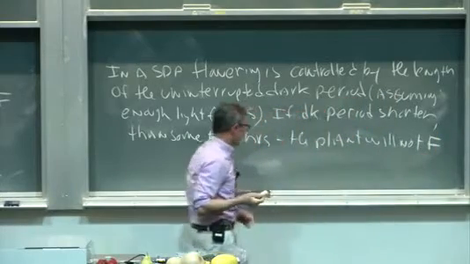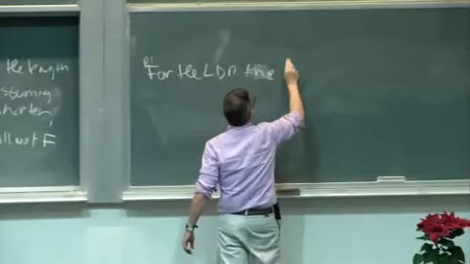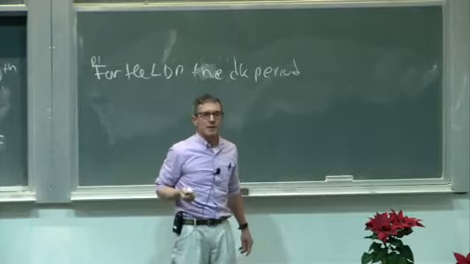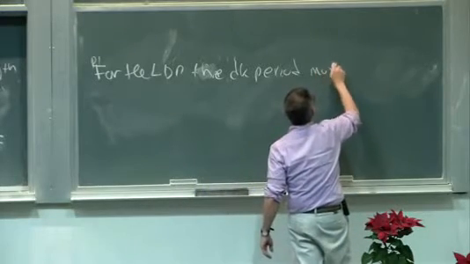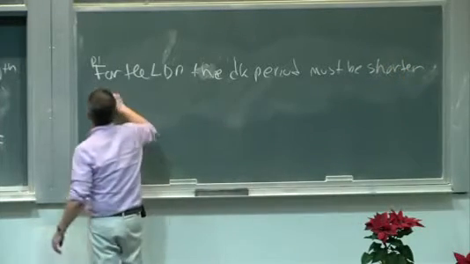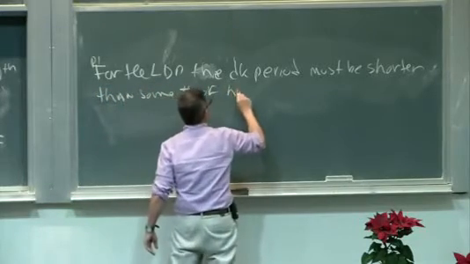So that was for the short day plant. How about for the long day plant? Well, the long day plant, we said, didn't flower if the dark period was extended. So for the long day plant, the dark period must be shorter than some number of hours for the plant to flower.